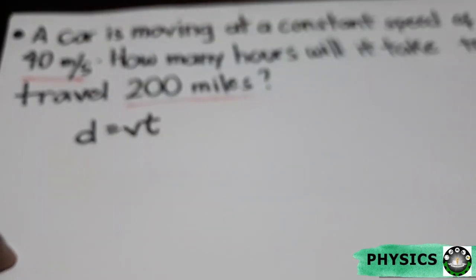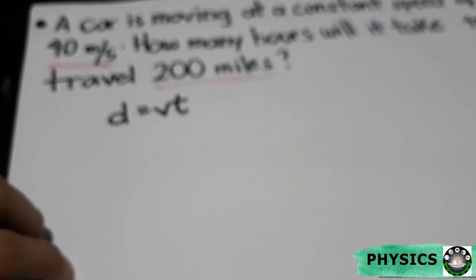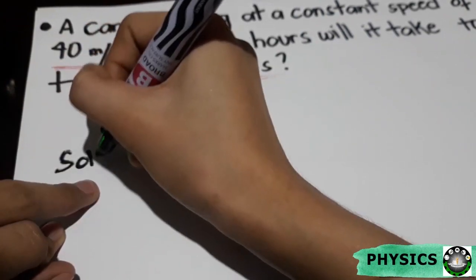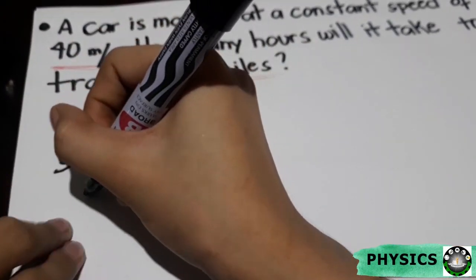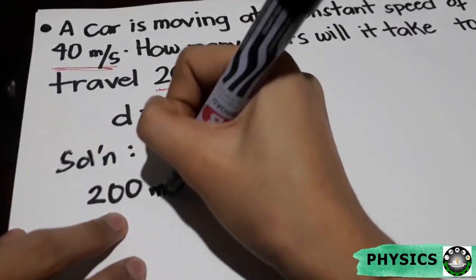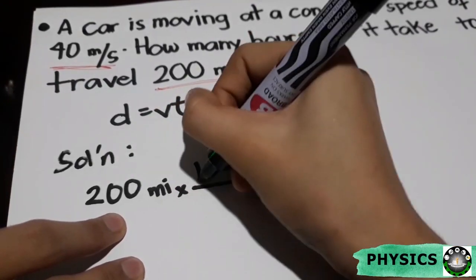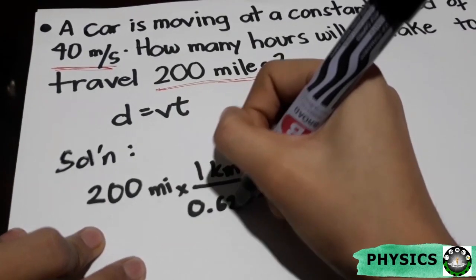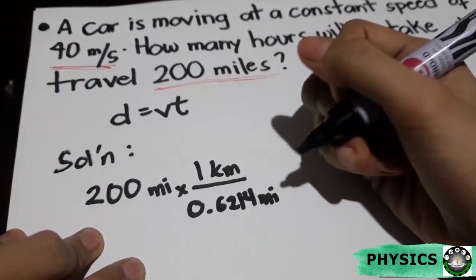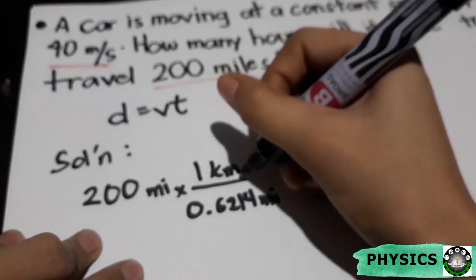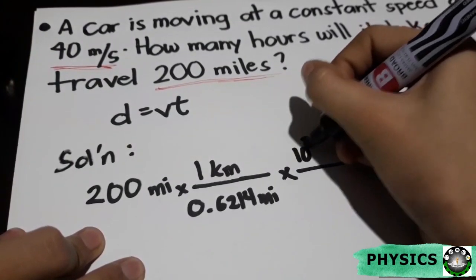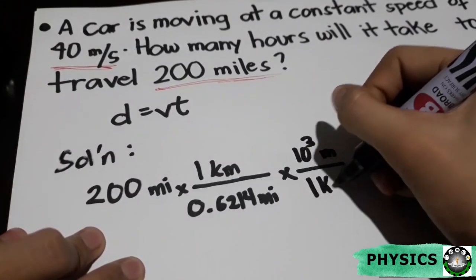So 200 miles multiply to 1 kilometer per 0.6214 miles, which means that there are 0.6214 miles for every 1 kilometer, multiplied to 1,000 meter per 1 kilometer.